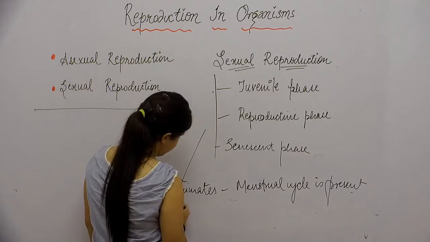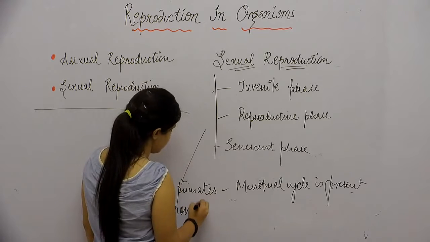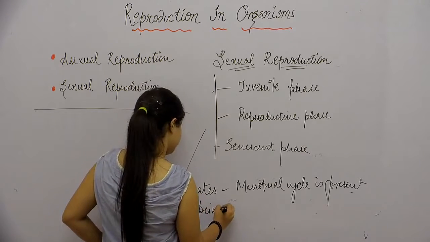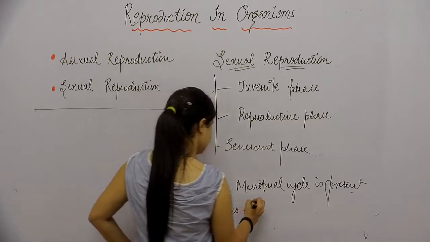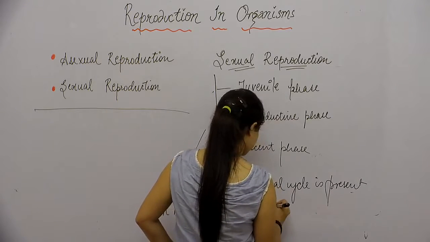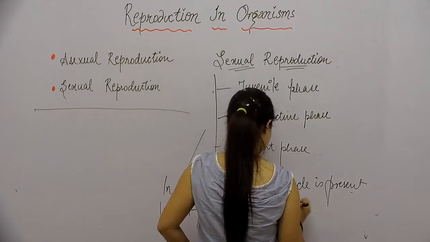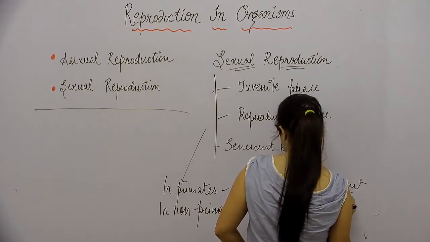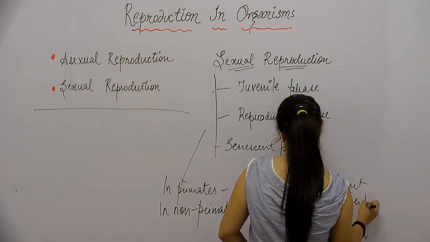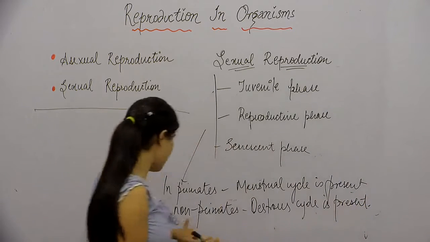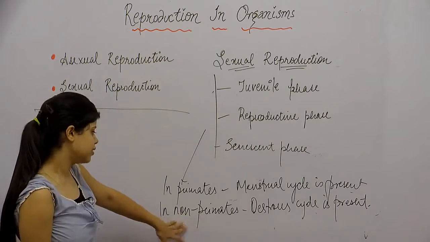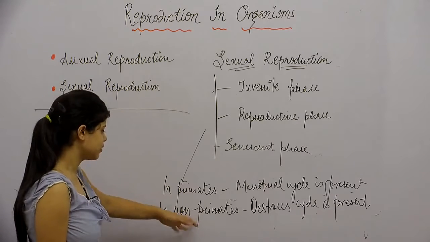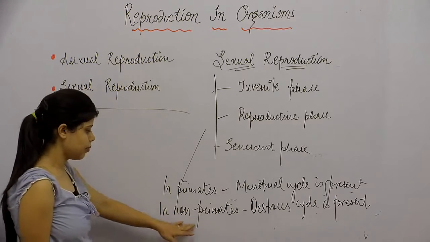And in case of non-primates, estrous cycle is present. In non-primates, you have the rabbit or the cat, the dog. These come under the non-primates.